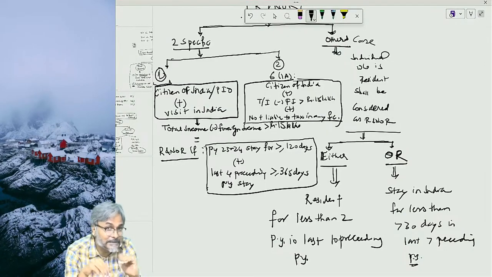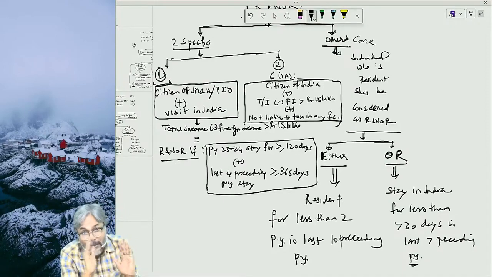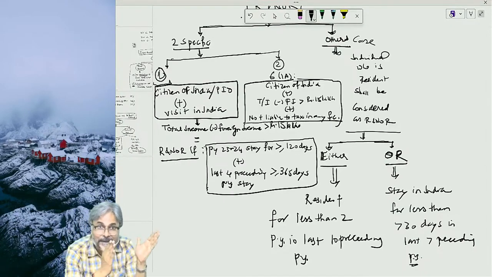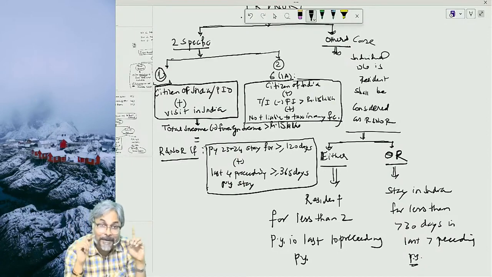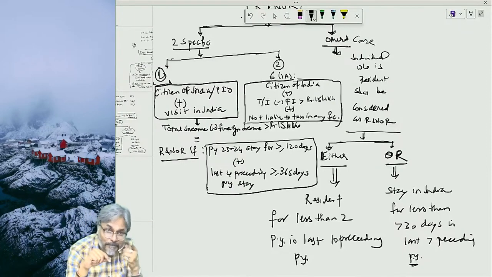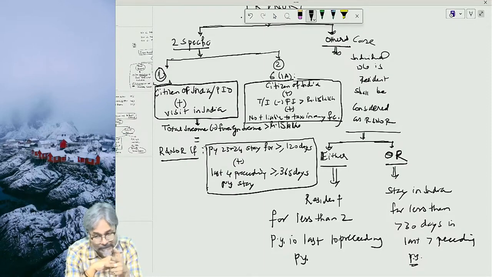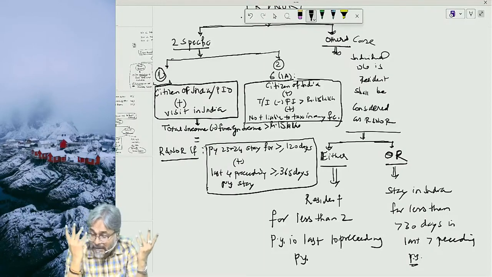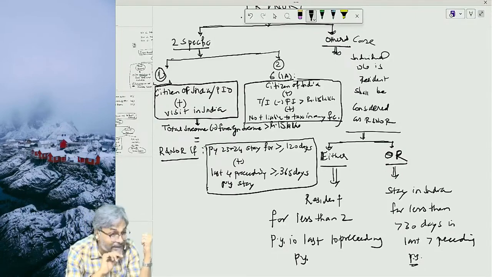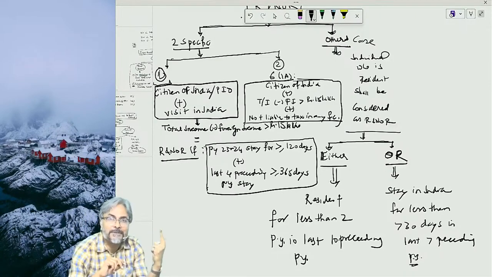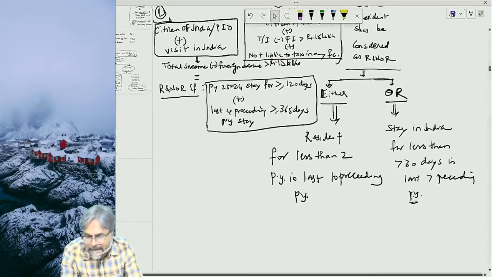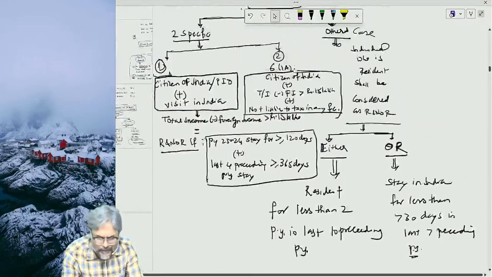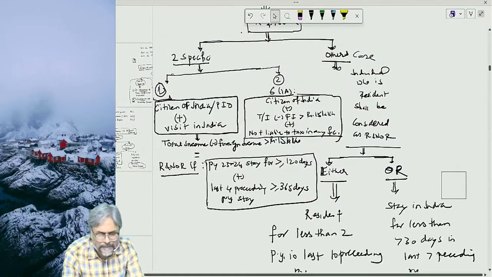Believe me, students, this is going to take you a very long way, not only in your CA Final examination for great scoring, but more importantly in your professional career. You will see for yourself. If you do tax practice, or maybe you are in a Big Four, see how advantageous this becomes. People will struggle, you should be at ease. Let's proceed further. I hope that you have noted this.